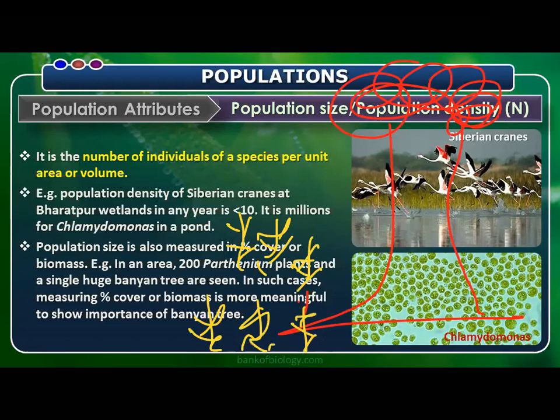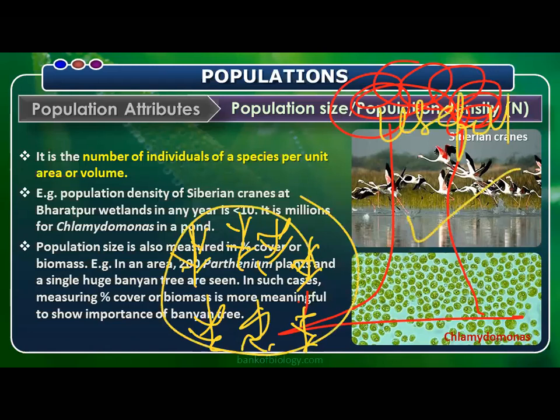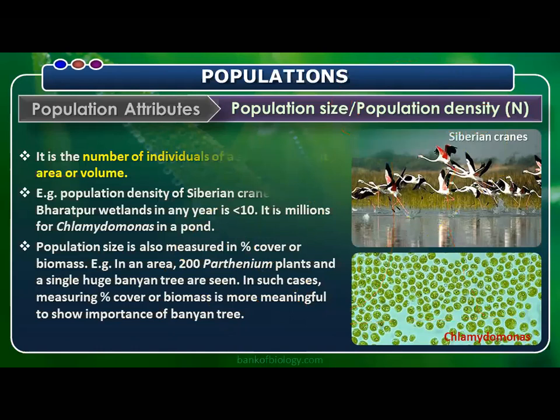What can we say, whose density is more, Parthenium or banyan tree? According to general knowledge, we say Parthenium is more, but they are saying you should not say like that, because this is a useful plant. That's why the density of banyan tree is more than Parthenium. In this case, measuring percent cover or biomass is more meaningful to show the importance of the banyan tree. That is the meaning of that line.